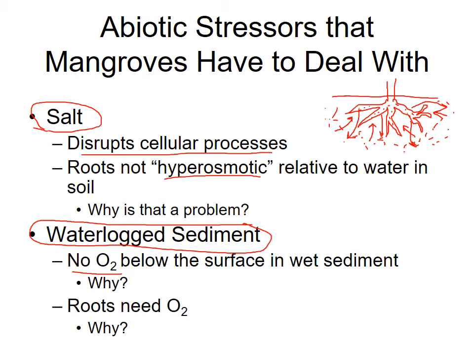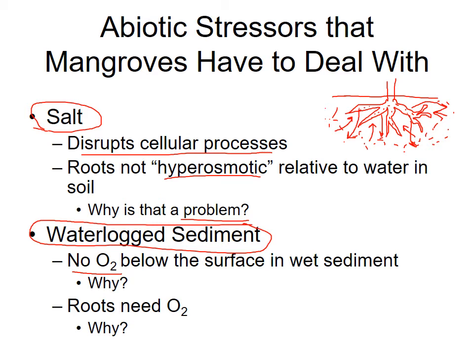So the plants need some way to deal with that, otherwise they're losing water instead of sucking up water. That is a big problem: the tendency for the salty surrounding water to reverse the beneficial movement of water, so water is being removed from the plant instead of brought into the plant.